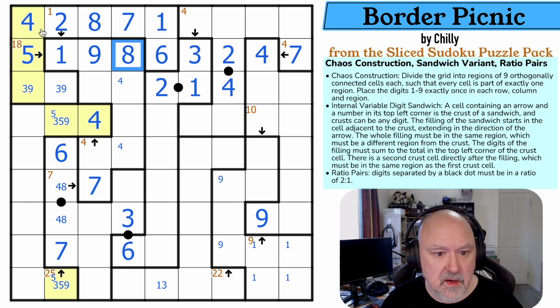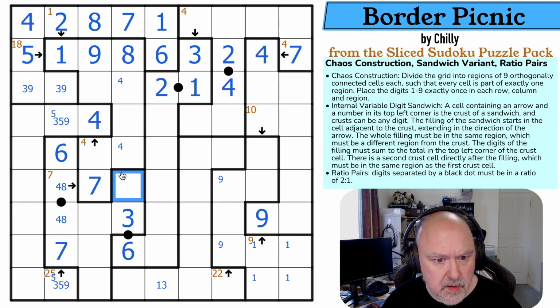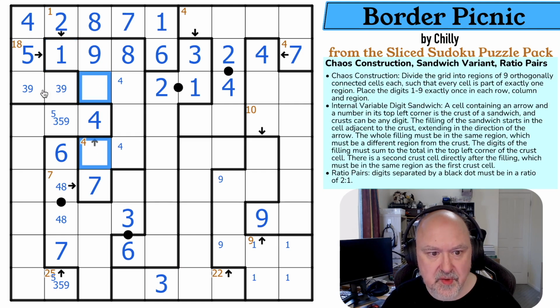Okay, this is fine. Everything's fine here now. One is looking down, making this the 3. 3 in this region is in one of those two, and it can't be there.